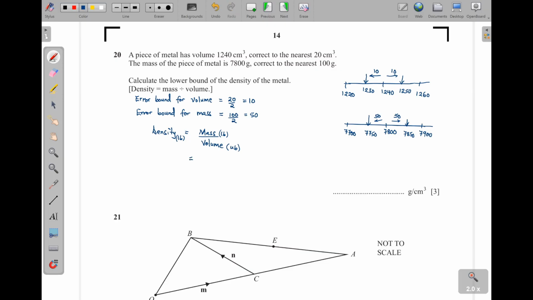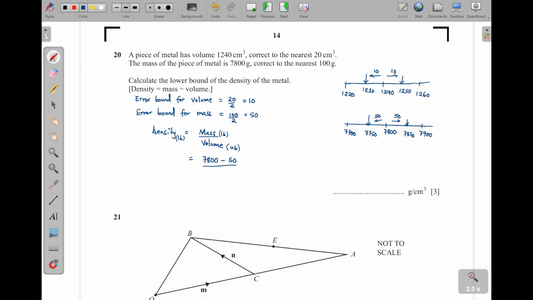So meaning mass lower bound. We shall get the mass, which is 7800. Then we shall subtract its error bound, which is 10. No, it's not 10, that is 50. Pardon me there. The error bound for mass is 50.